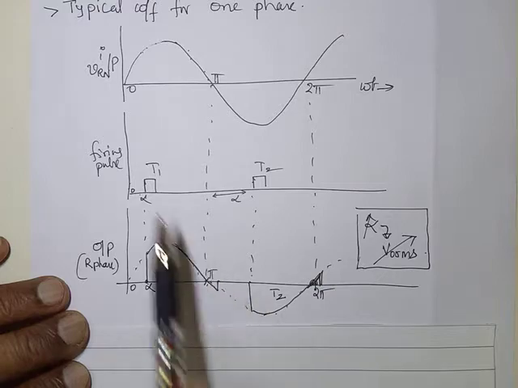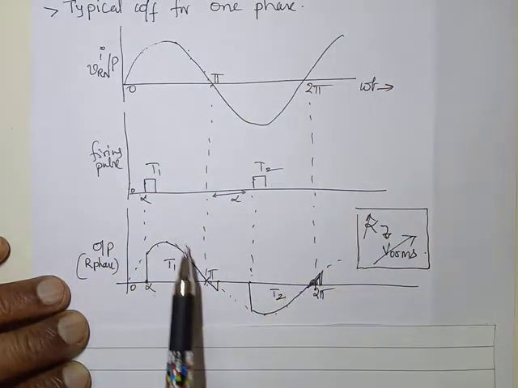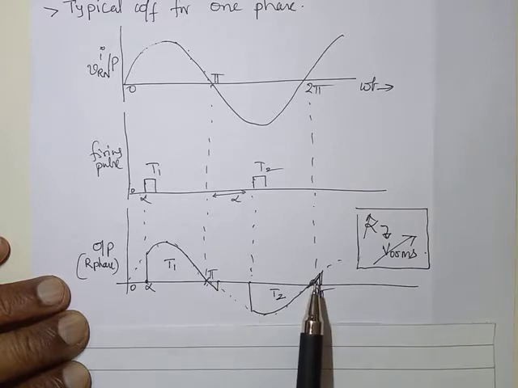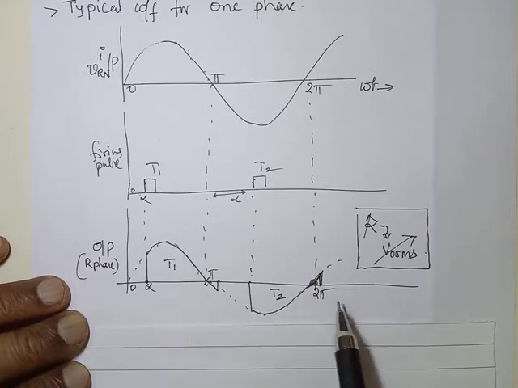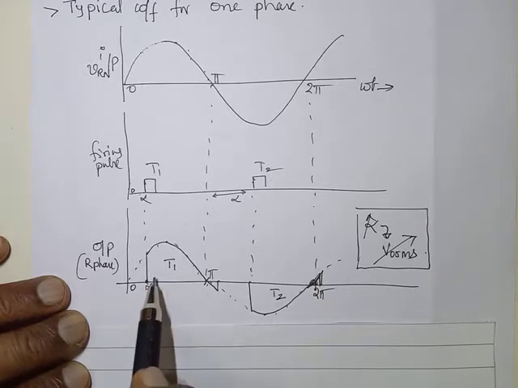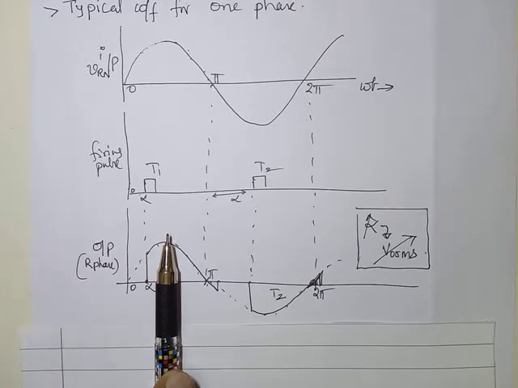As a result, instead of getting the full input voltage, we are getting a part of it, so the output is AC, but the magnitude is less. This magnitude I can change by changing this alpha, chopping it earlier or chopping it later.